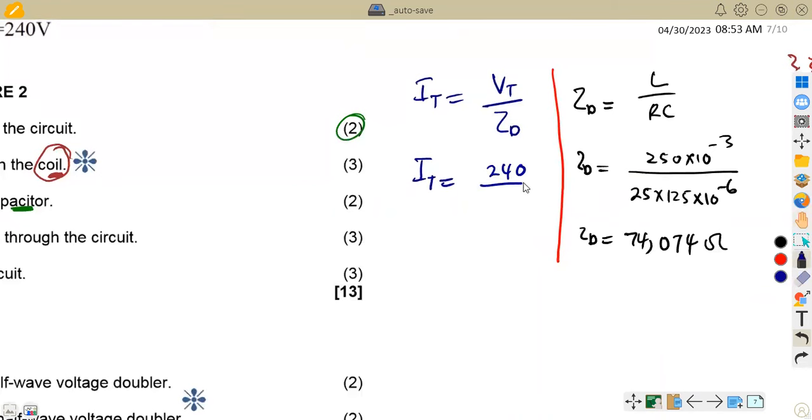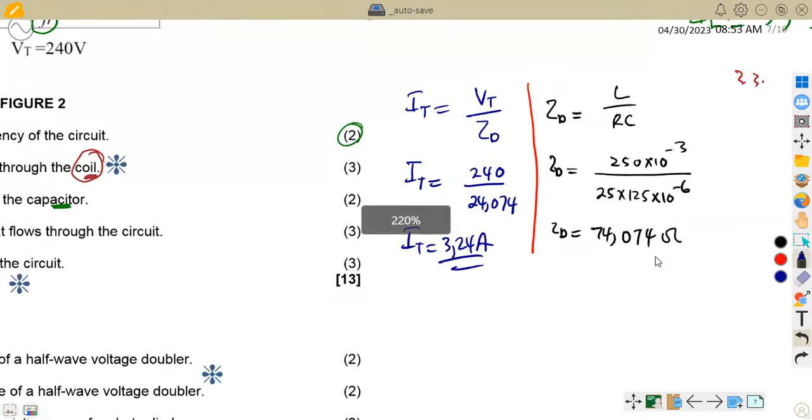So it's 240 over our ZD, which is 74.074. If you simplify properly from your calculator, this gives us 3.240 and so on, which is 3.24 amps. That is what you're going to have as the total current.